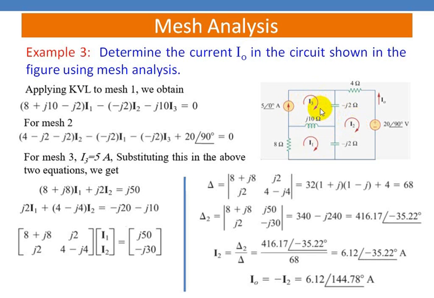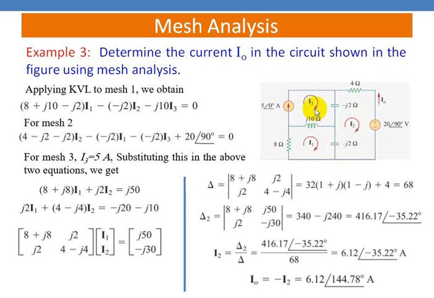So now we will write the equations for each mesh. Apply KVL and write the equations. Here this element minus J2 is common between mesh 1 and mesh 2. But if you see the currents, I1 is flowing in the clockwise direction, that is from top to bottom, whereas I2 is flowing from bottom to top. So the current directions are opposite.